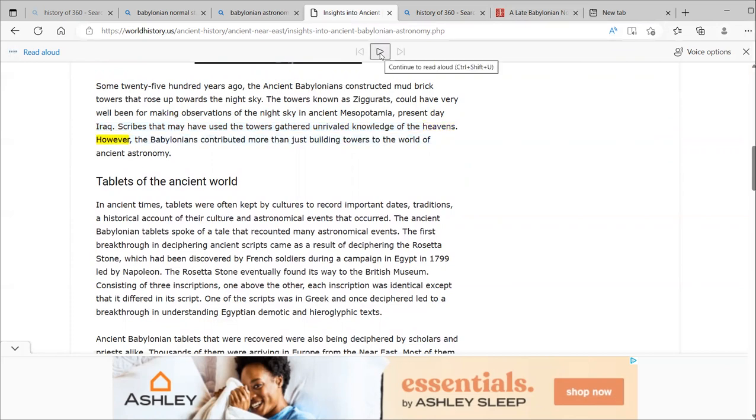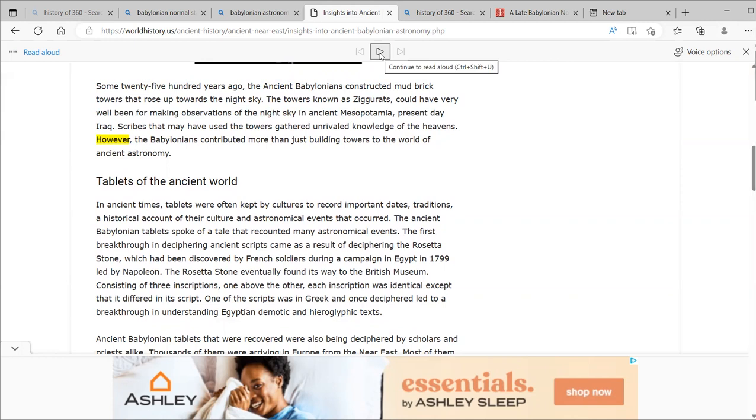Sorry, I wanted to pause that for a second because this is my thought process as I'm reading this, right? Notice it said 2,500 years ago, the ancient Babylonians constructed a mud brick tower that rose up toward the night sky.